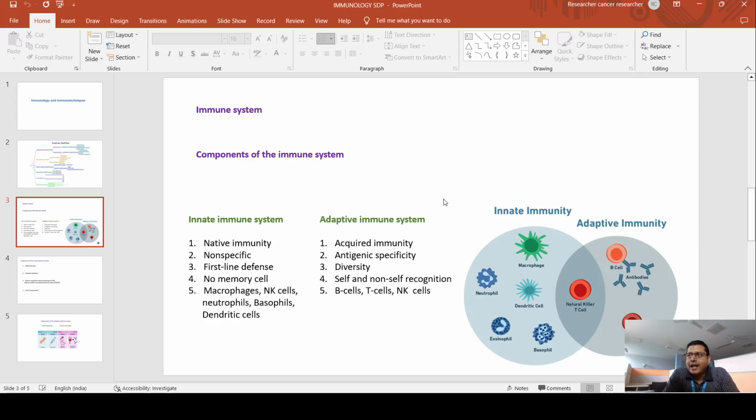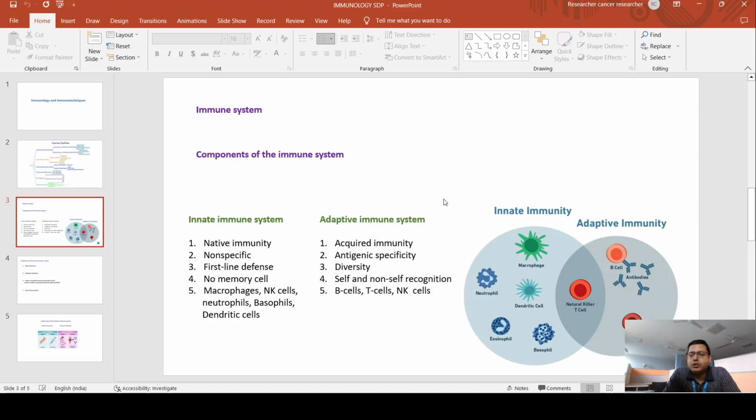So when a particular bacterium or virus invades the cells, the adaptive immune system can act against that particular bacterium or virus. So it shows antigenic specificity.